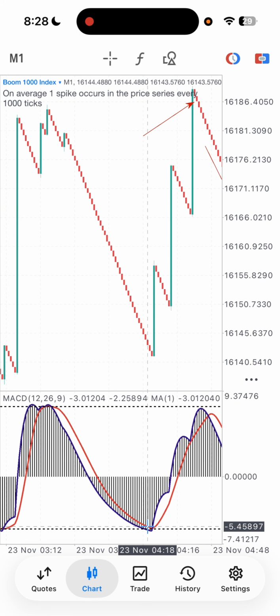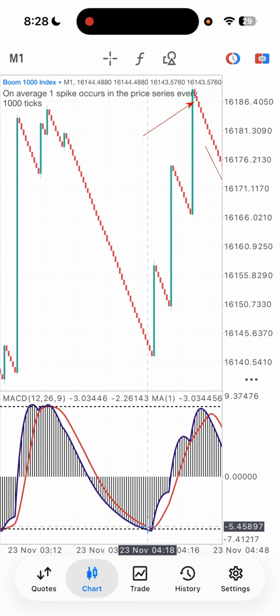And why it is best to catch the spikes is because it's a lot easier to catch spikes than to trade the candles. Okay, it's less risky when you're catching the spikes than when you're trading the candles.